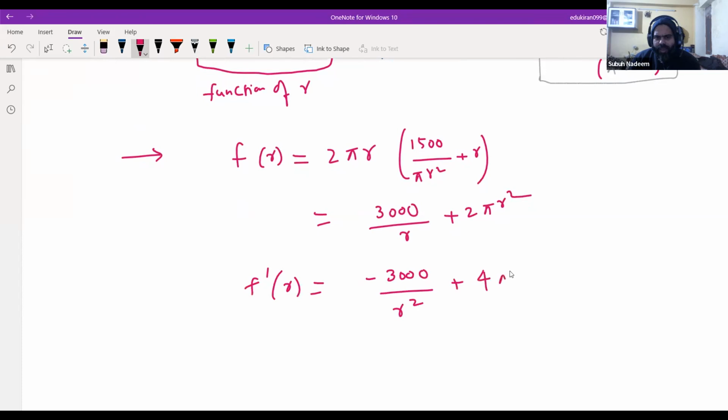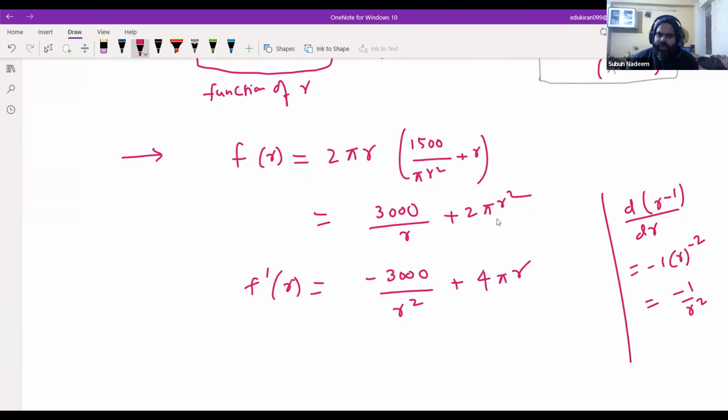Plus 4 pi R, because we are differentiating with respect to R. So when you differentiate 1 by R, it will be minus 1 by R square, because R to the power minus 1, when you differentiate, will be minus 1 R to the power minus 2, which is minus 1 by R square. And 2 pi R square will be 4 pi R.